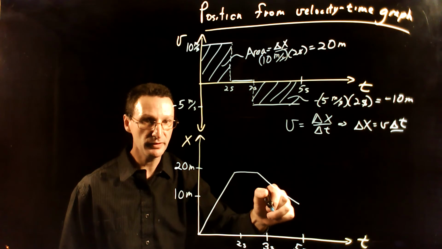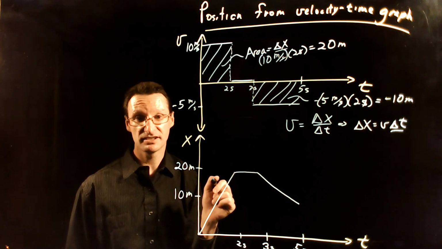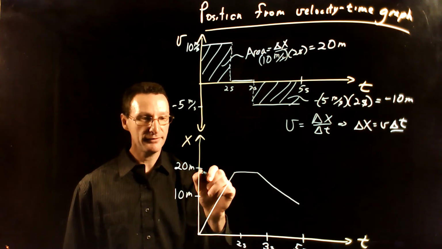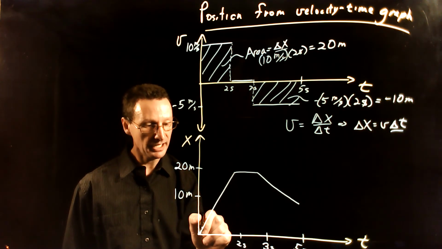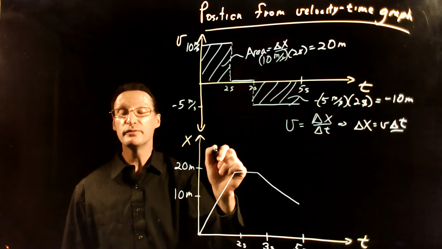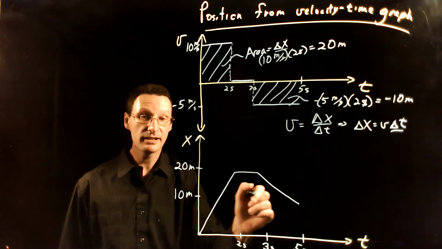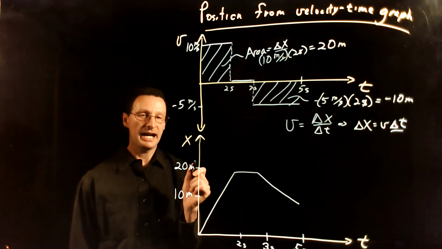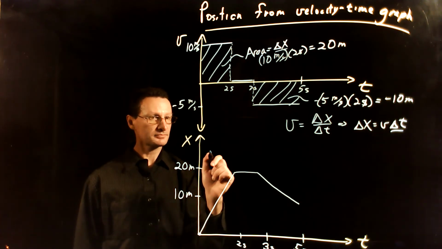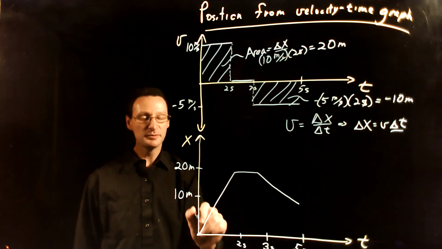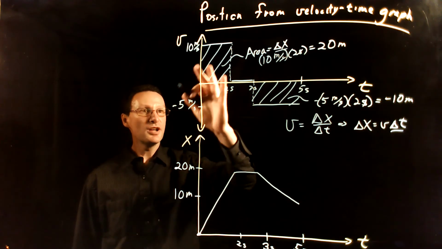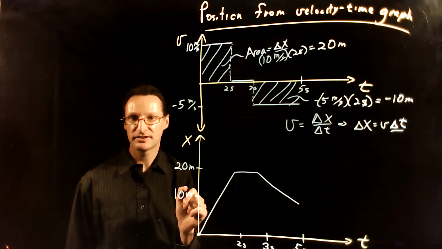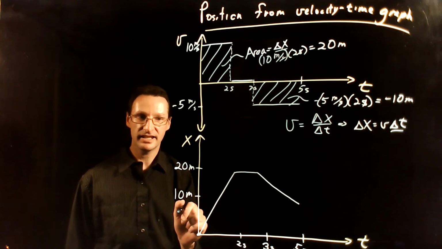Keep in mind this is telling me the displacement, that is the change in position. That tells me how much to move up or down on this position time graph. It doesn't tell me the absolute position. I have to know where I'm starting first and then move either positive 20 or negative 10 from that. Now, one more point that I didn't discuss here: I assumed to start at 0. There's no way from this velocity time graph for me to know that I have to start at 0. Someone has to tell you that.